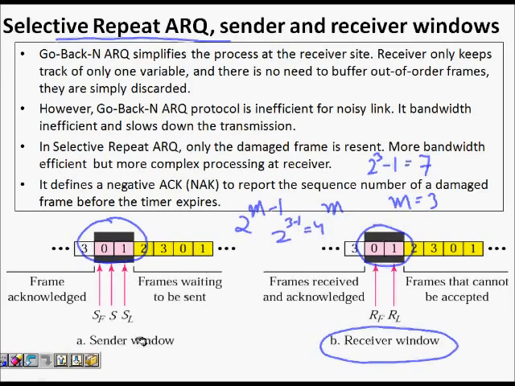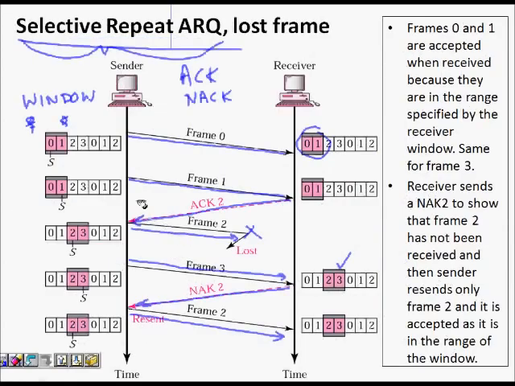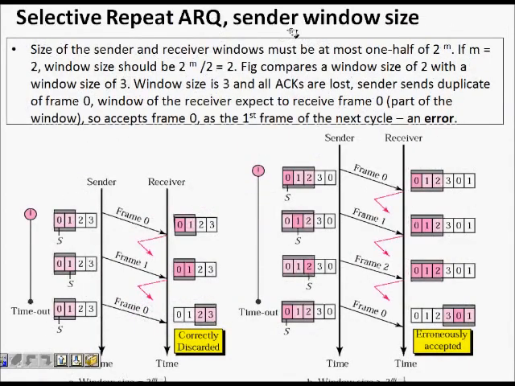Here, if m is equal to 2, the sender and receiver window sizes are 2 to the power of 2 minus 1, which is 2. NAK represents that I have not received that particular packet. Now let's see why we have the window size as 2 to the power of m minus 1.